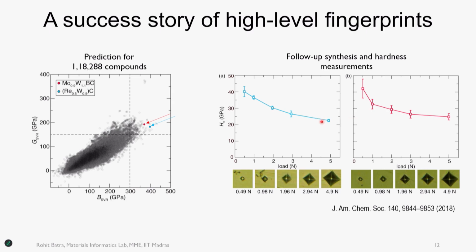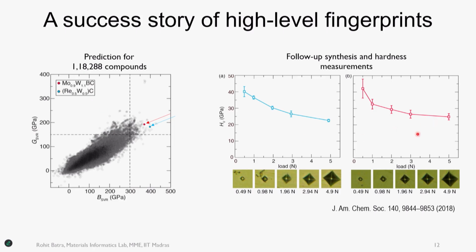There is a special term, ultra hard materials, I think. And they found that the hardness of these carbides is indeed very high as compared to some of the known inorganic materials that we have.